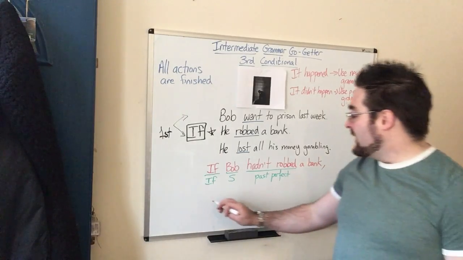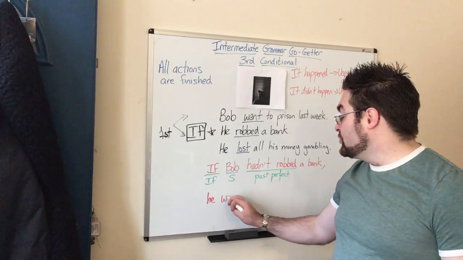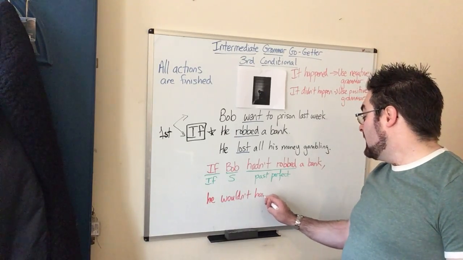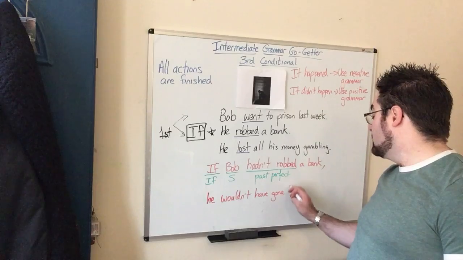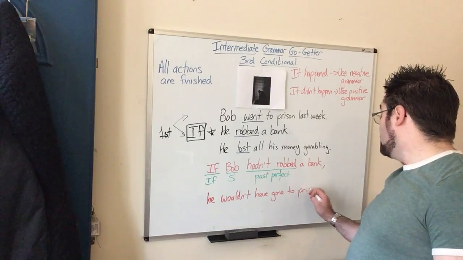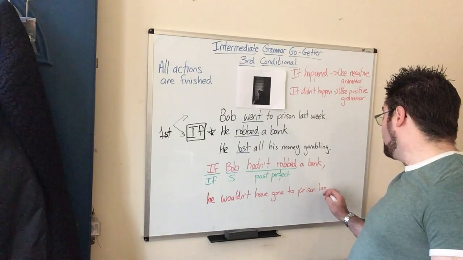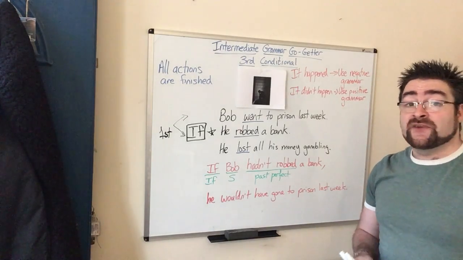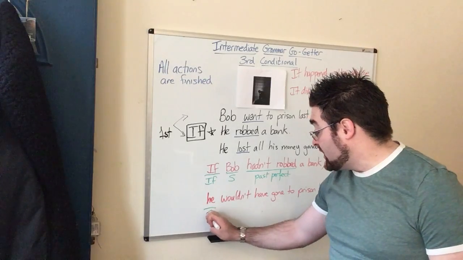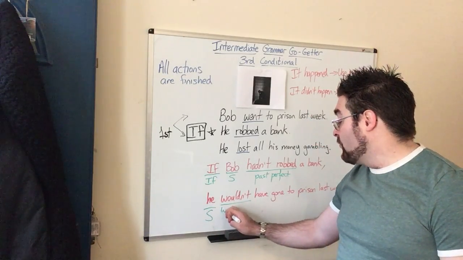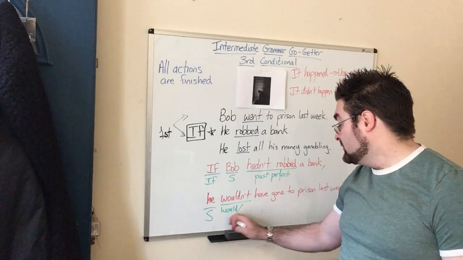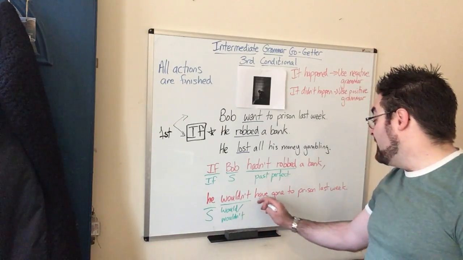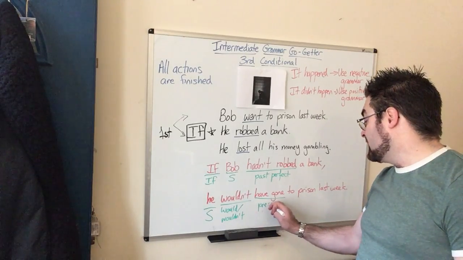And then we have he wouldn't have gone to prison last week. Okay, and again, if we analyse this, we've got our subject. Here we have would or wouldn't. And then we have our present perfect.